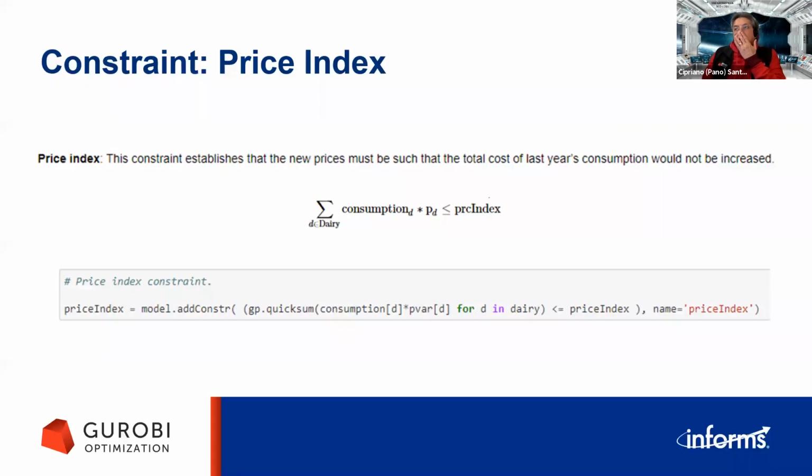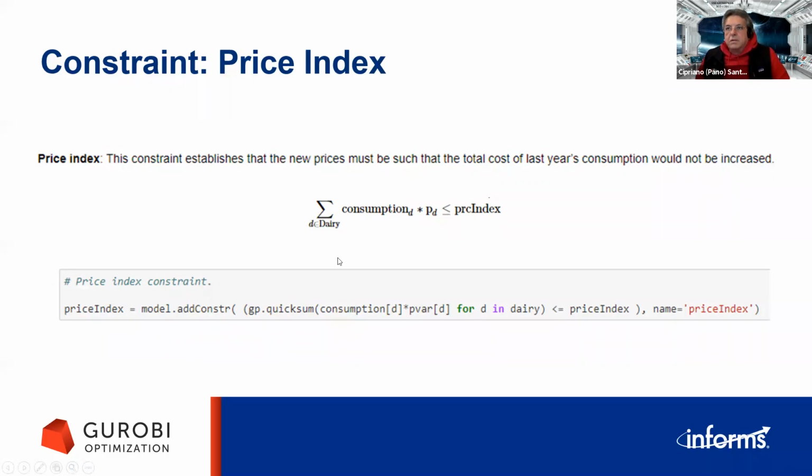We have another constraint that essentially establishes that the new prices must be such that the total cost of last year's consumption would not be increased. So that means that the consumption times the price, which will represent the cost, should be less or equal than the price index that we have from the previous year.